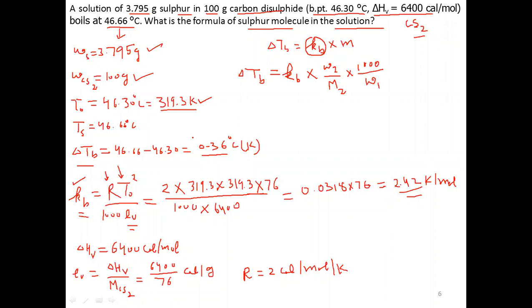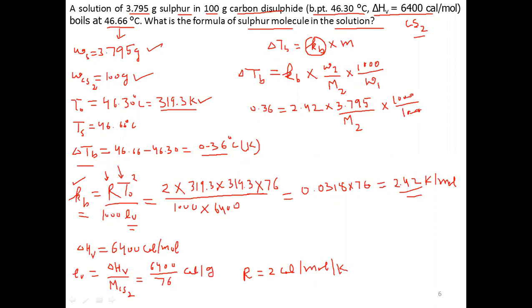Now delta Tb is 0.36, which is equal to Kb, which we have calculated, 2.42, into the weight of sulfur, which is given as 3.795. So weight of sulfur, W2, divided by M2, which we have to calculate, into 1000 divided by the weight of carbon disulfide, which is 100.